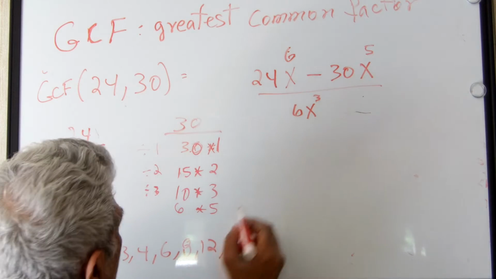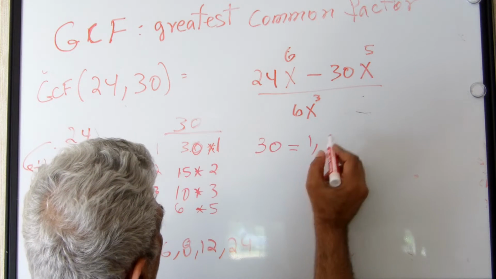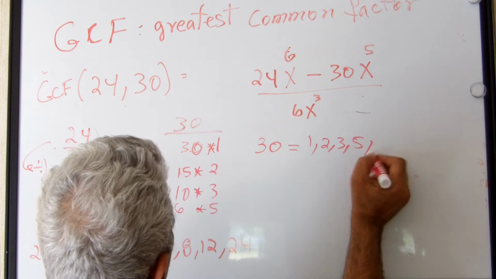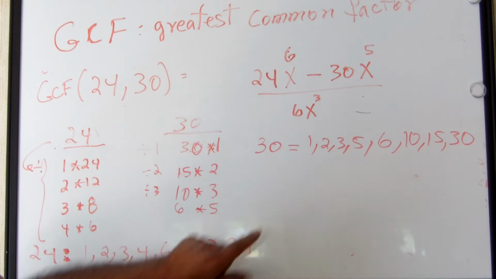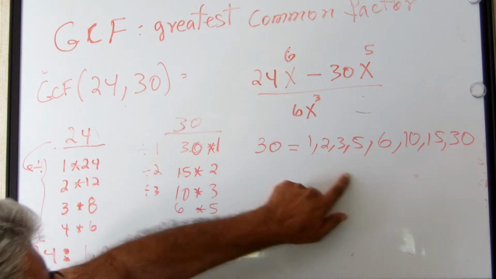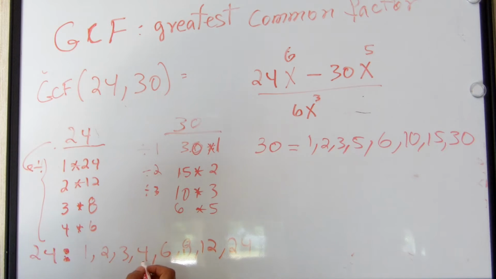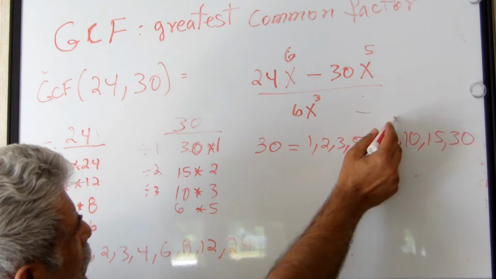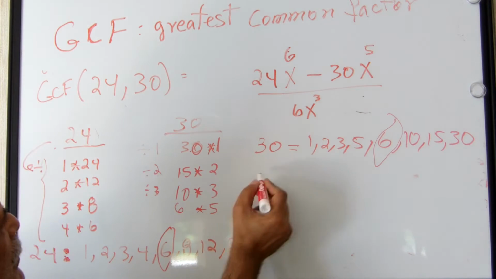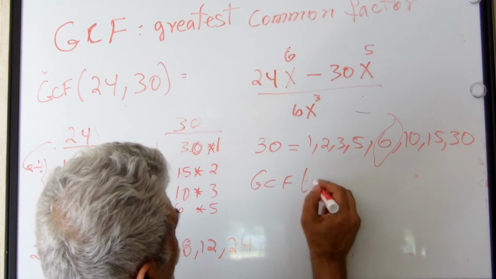So we write all these factors of 30: 1, 2, 3, 5, 6, 10, 15, 30. And you see the greatest common factor. The greatest one is 6. 1 is also a common factor, and 2 and 3, but the greatest between these two numbers is 6. So the GCF of 24 and 30 is 6.